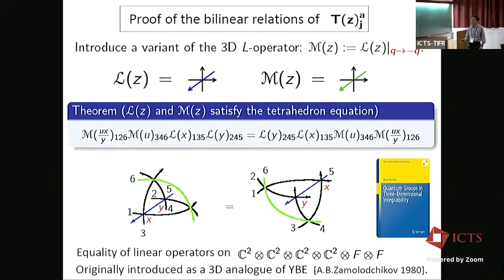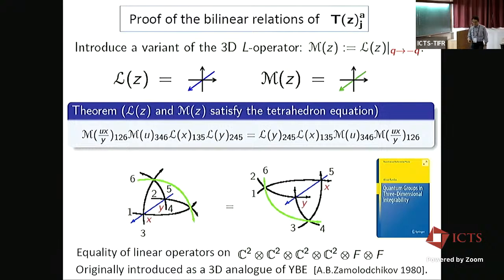And the right-hand side is obtained by reversing the tetrahedron. In the Yang-Baxter equation, you reverse the triangle. But for the tetrahedron equation, the elementary simplex in three dimensions, you reverse the tetrahedron. That was originally proposed by Sasha Zamolodchikov in 1980. So this particular form of the tetrahedron equation holds.